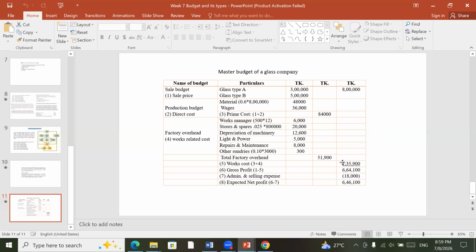So you minus it from total sale, and you will get the gross profit. Then you take the admin and selling cost, and you will get the expected net profit. So different types of items are available here. You just design or list them, then you try to balance. This is the example of a master budget.